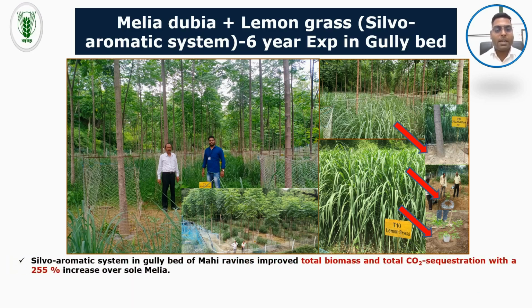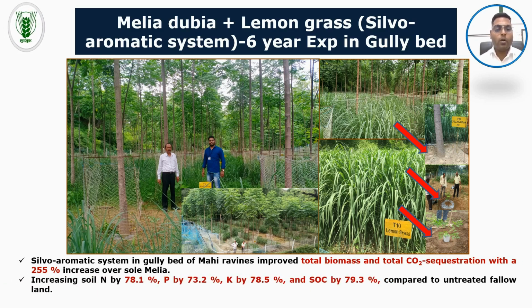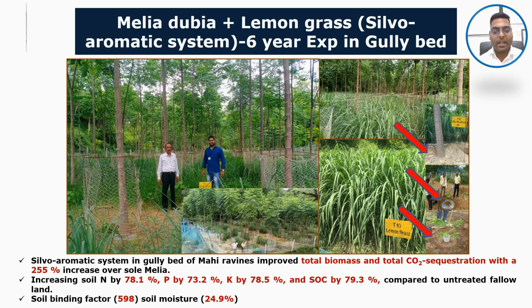Melia dubia plus lemongrass combination in Mahi ravines enhanced biomass and carbon sequestration by 255% over sole Melia. It also improved the soil NPK and soil organic carbon nearly by 75 to 80%. Lemongrass showed a soil binding factor of 598, indicating excellent soil erosion control.